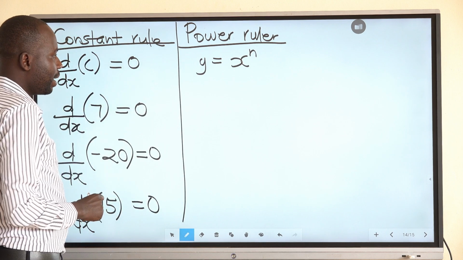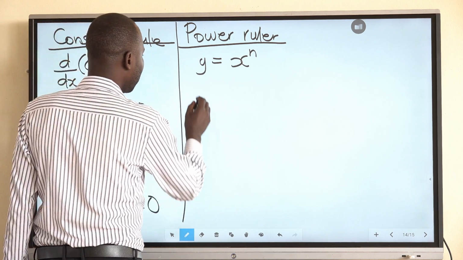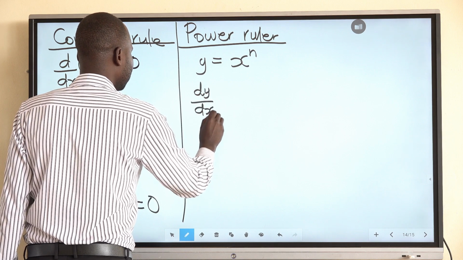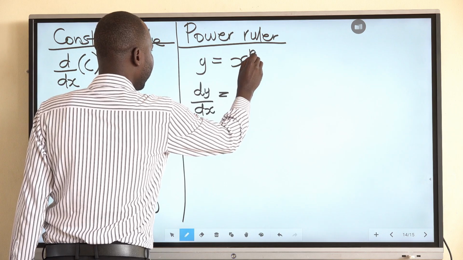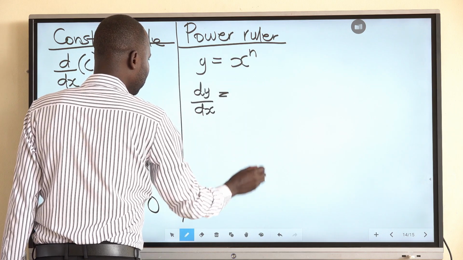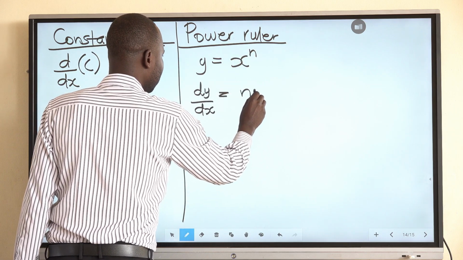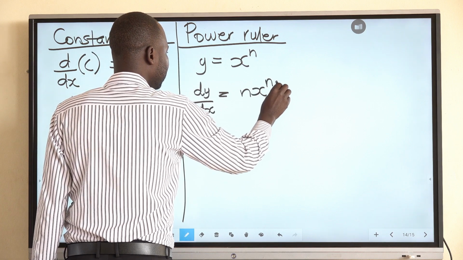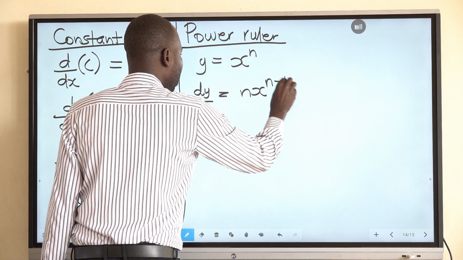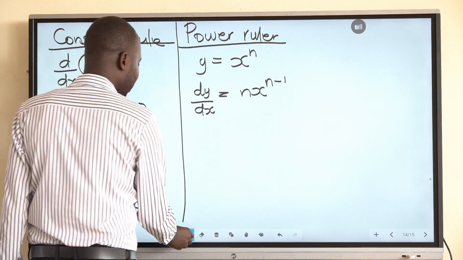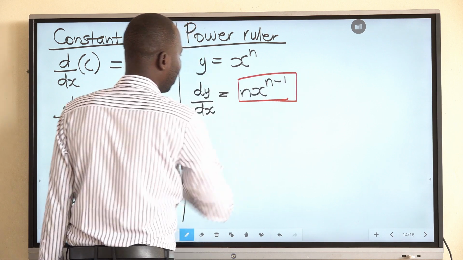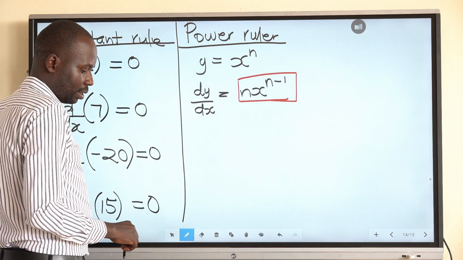When you are applying the power rule, here you will have dy dx equals n times x, but this n, which is the index, reduces by 1. That is the power rule. The index has to reduce by 1.